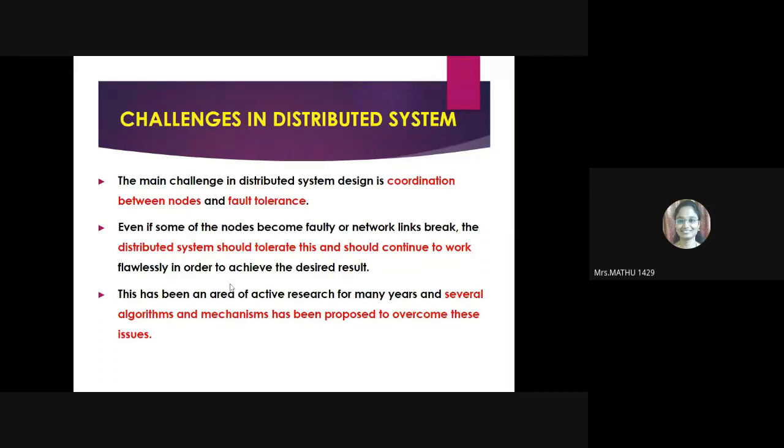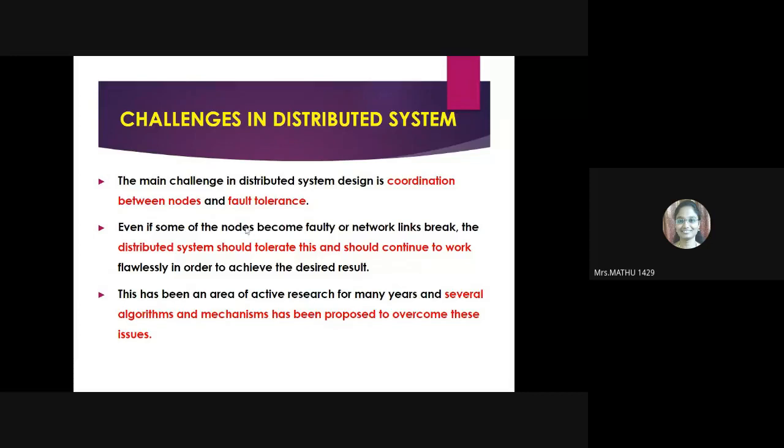What is the meaning of fault tolerance? Even if any one node fails, the network should not fail. It should still be able to continue to work. Even if some of the nodes are faulty or behaving in an unexpected way, the network should continue to work and should not get broken. That is called fault tolerance.